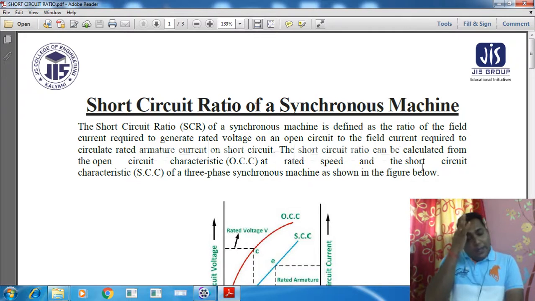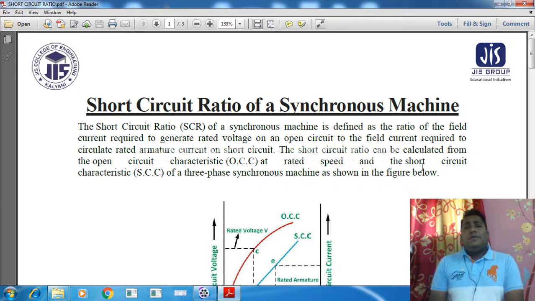When we discussed the regulation of an alternator, we saw that to find out the synchronous reactance we have to perform the open circuit test, the short circuit test, and the DC resistance test, and then we can find out the voltage regulation of an alternator.